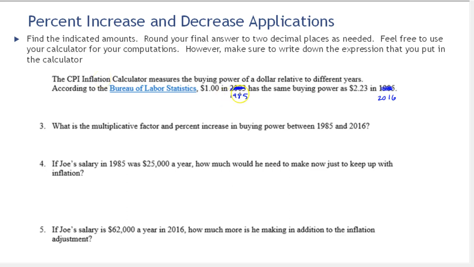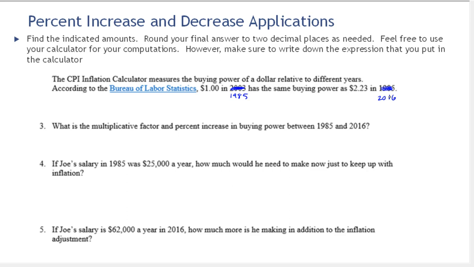Please note that in the last line a change has been made to the years, so if this is incorrect in your packet, please change it, and I apologize. The CPI inflation calculator measures the buying power of a dollar relative to different years. According to the Bureau of Labor Statistics, $1 in 1985 has the same buying power as $2.23 in 2016.